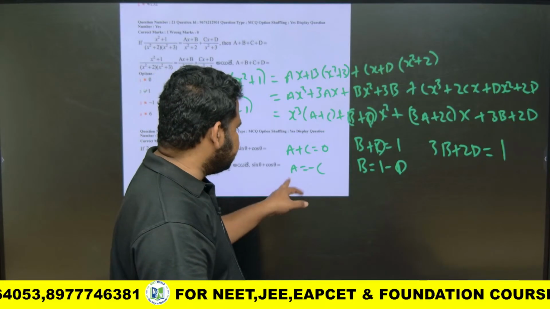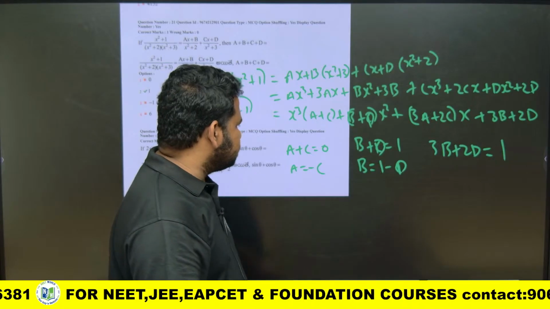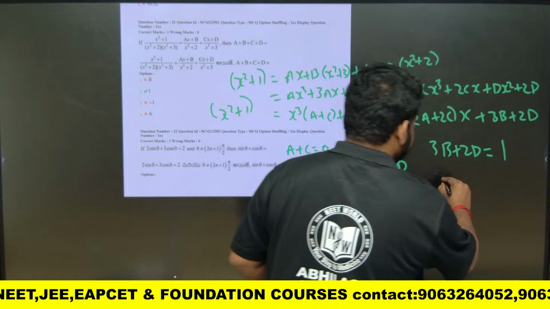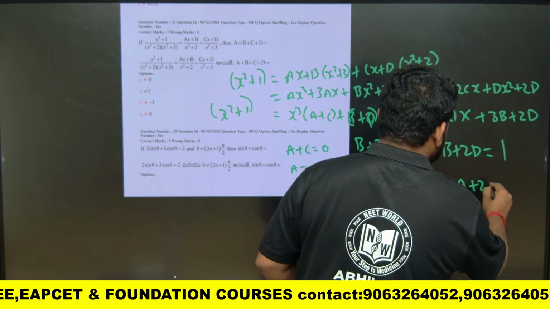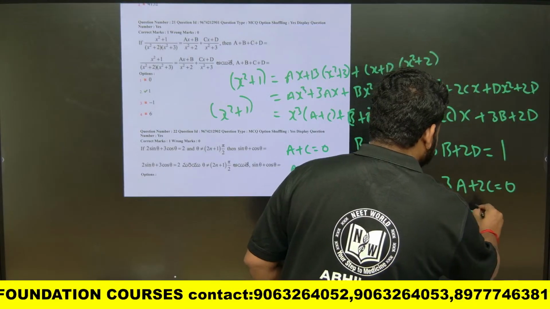We got a equal to minus c and b plus d equal to 1. Now, putting 3a plus 2c equal to 0, we get 3a equal to minus 2c.